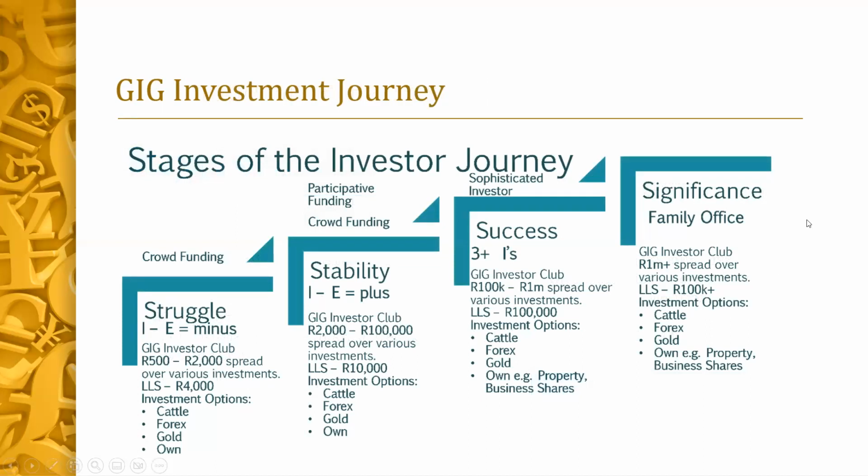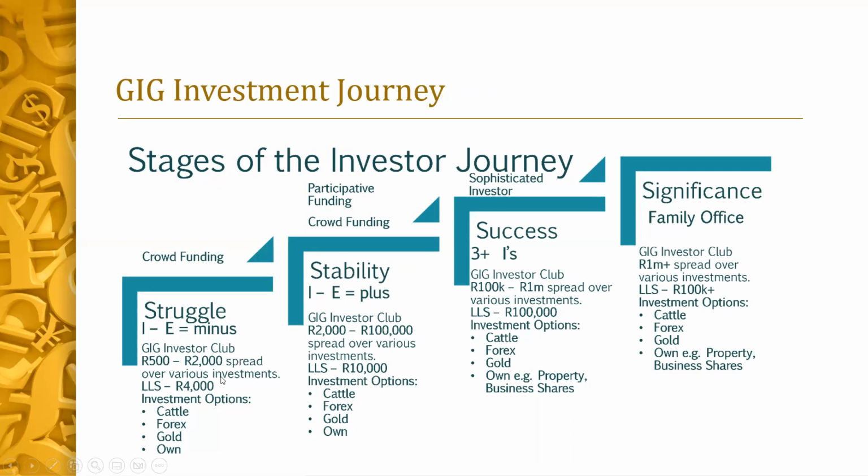So the stages of the investor journey can be summarized with this little picture, where when you're in struggle, which is where income less expenses is a minus, we advise you to become a member of the GIG Investor Club, start investing some money in it so that at least you build up to 2,000 Rand that you can spread over various investments.